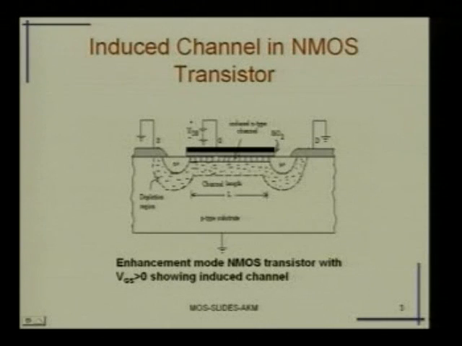If you look at this, this is an N plus region, this is the source, and this is the drain, and we have the gate here. When we use this transistor to look at its current-voltage characteristics, we can bias the gate and the source.